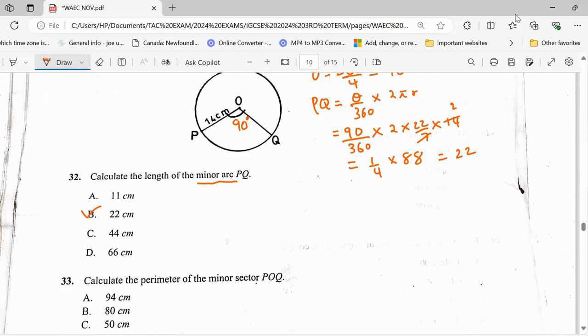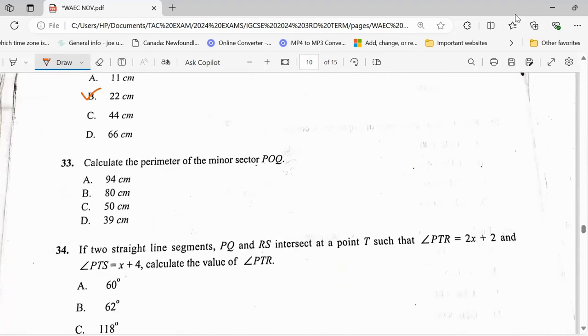Question 33 says, calculate the perimeter of the minor sector. Remember that the perimeter is the length of the arc plus the radii. So this perimeter is going to be the arc length plus 2 times the radius.